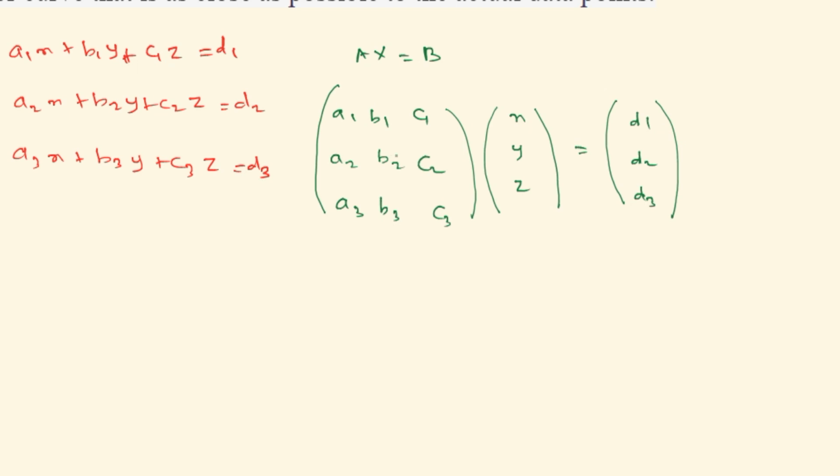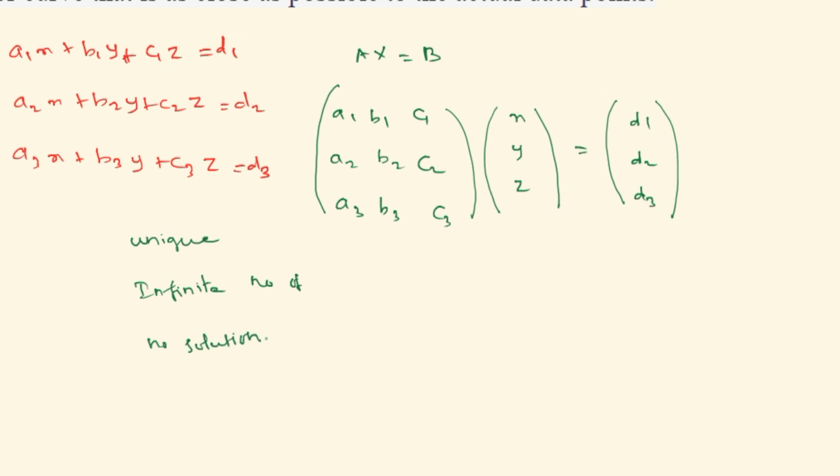In school days, you have solved this type of equation. There we know the solutions of this system: it may have a unique solution, or an infinite number of solutions, or be inconsistent, that is, no solution.